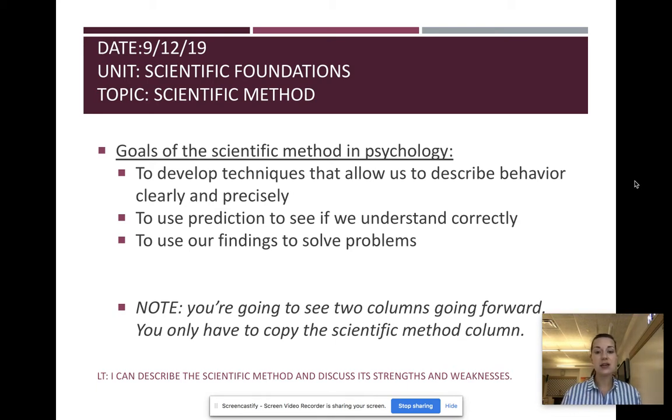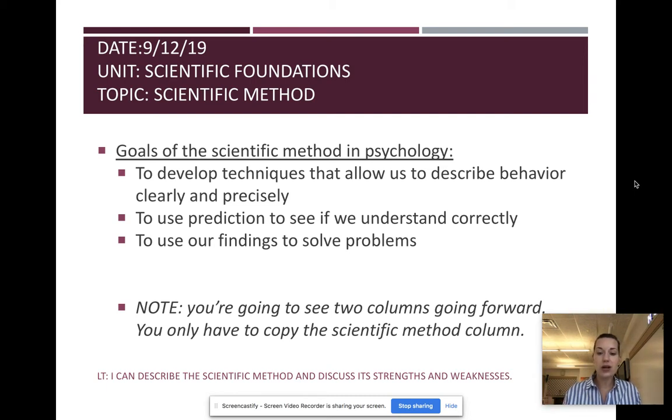And the third thing is that we want to solve problems, right? We're using the scientific method so that we can very clearly show this affects this, or these two things are connected, right? If we're just kind of going about it haphazard and not using the scientific method, then we can't demonstrate that to be true.